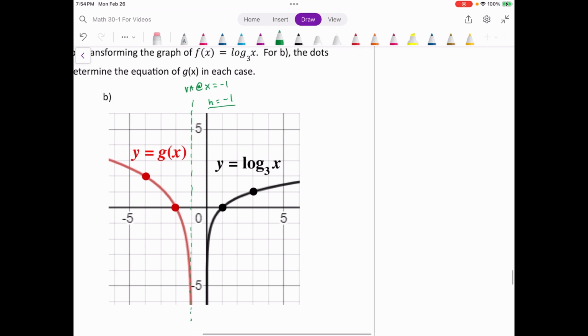So all we're doing here, again, is filling this in. y equals a log base 3, because that's what our 3 is here, times b of x minus h, plus k. Well, one down. We know that h has to be -1, otherwise the vertical asymptote could not be at x equals -1.